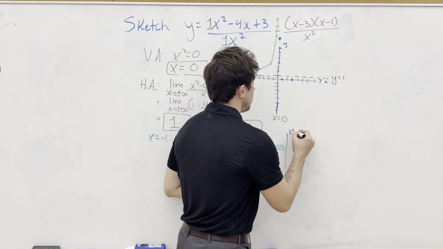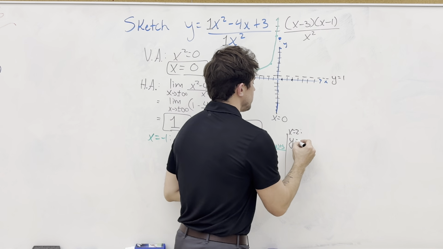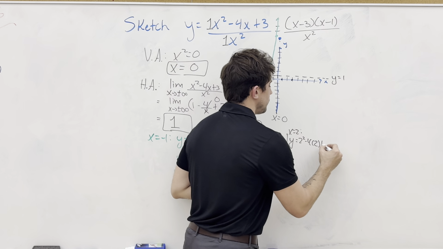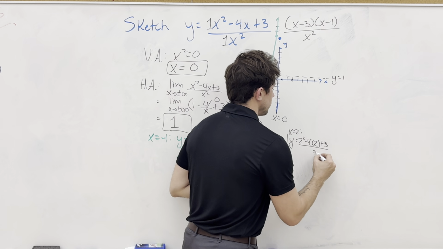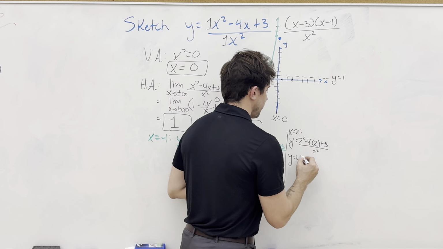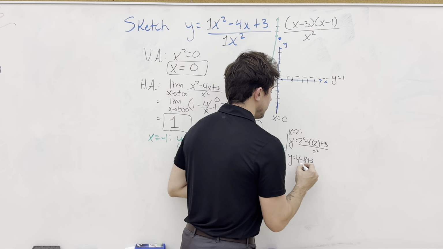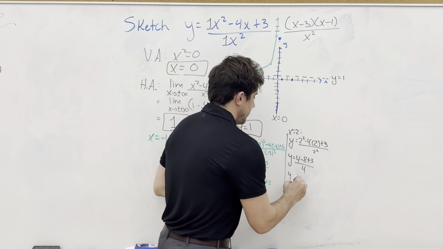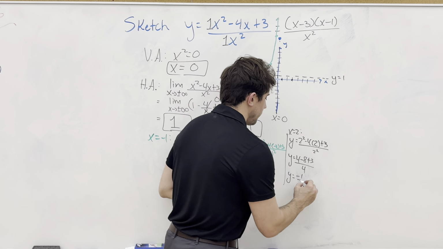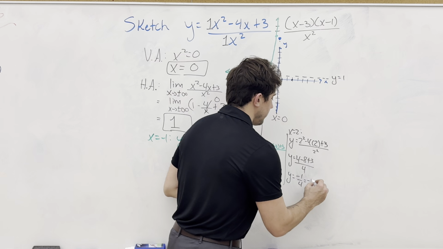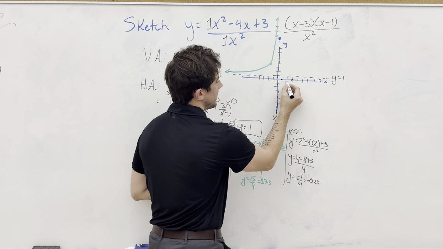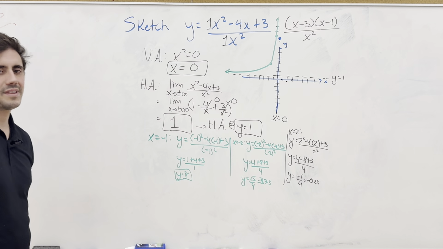Let's say, when x is 2, y is going to be 2 squared minus 4 times 2 plus 3 all over 2 squared. That means that y is 4 minus 8 plus 3 all over 4. And that is -1 over 4, -0.25. And so that means that here we have a point down there below the x-axis.